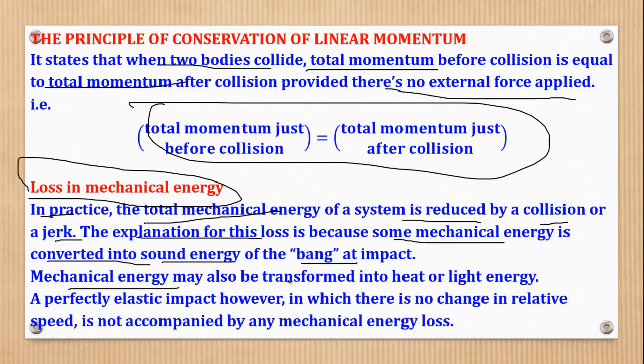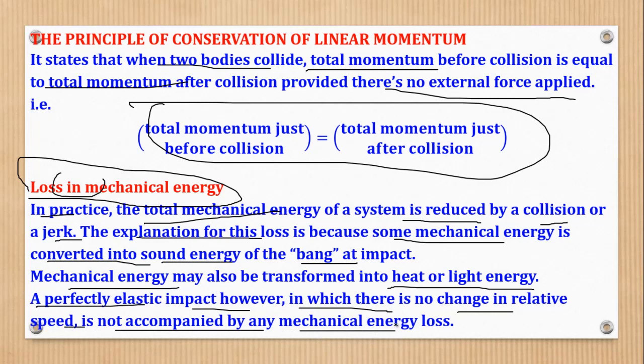The mechanical energy may also be transformed into heat and light energy, leading to a loss in mechanical energy. A perfectly elastic impact, however, in which there is no change in relative speed, is not accompanied by any mechanical energy loss.